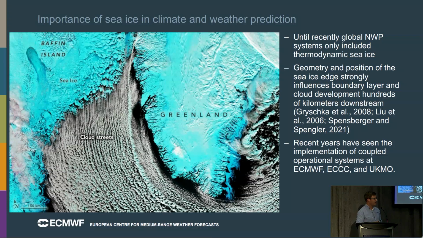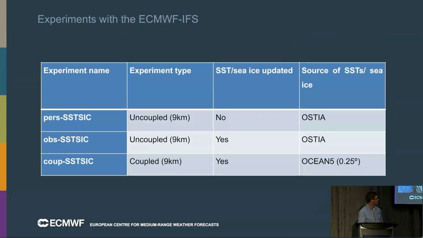So having a dynamic representation of this is thought to be really important. There's been a lot of work in recent years at ECMWF, in Canada, and at the Met Office in the UK to develop coupled systems.